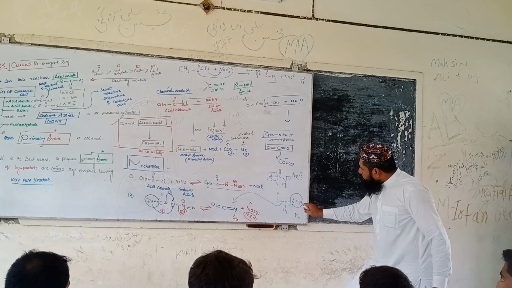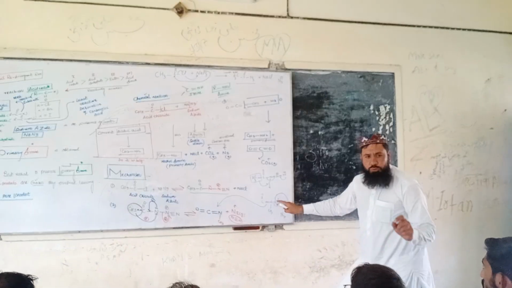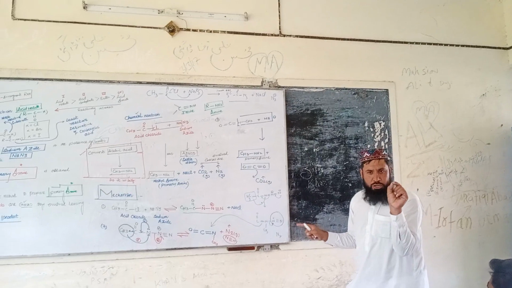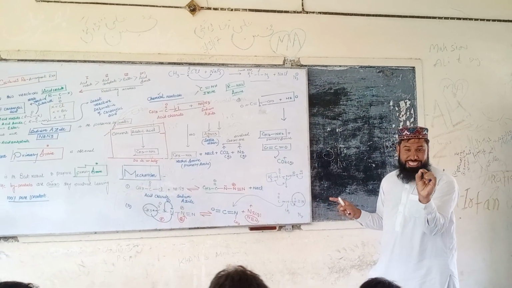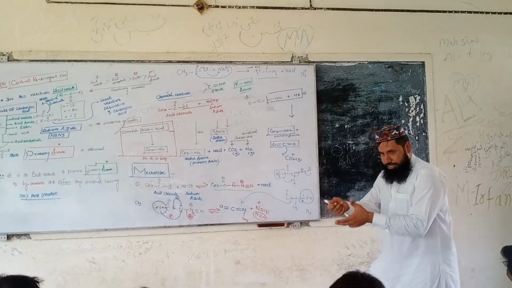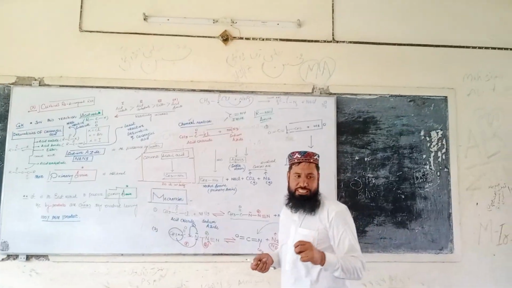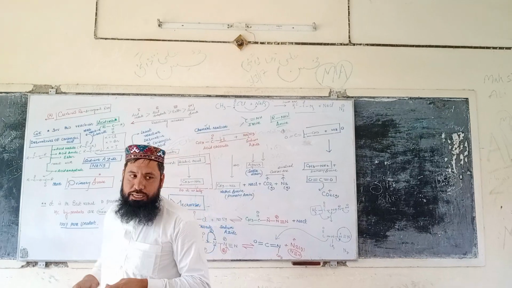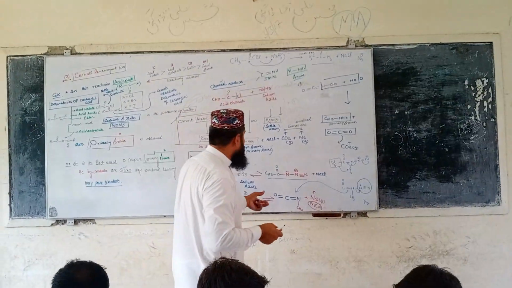And why is this bond broken? Due to the instability, because when nitrogen gets a positive charge, it can easily break that bond and take those electrons toward itself.